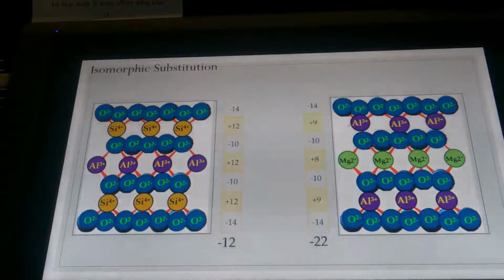And so just by substituting aluminum for silica in the tetrahedral and magnesium for aluminum in the octahedral, we get an overall increase in the CEC of -10. So our cup just got a little bit bigger. Right? Now we're into the medium. So isomorphic substitution, same size, not the same charge. Everyone good here?